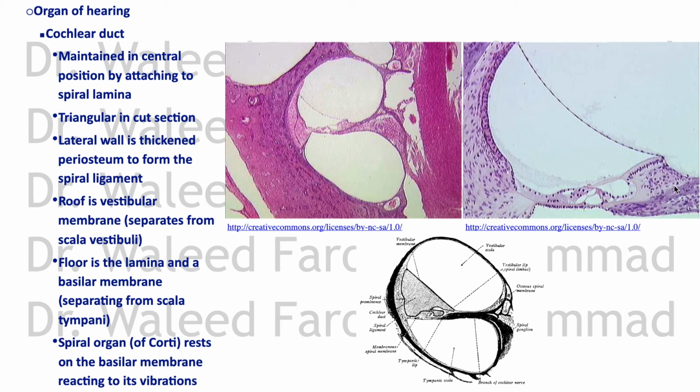The sensory cells have their cell bodies in the spiral ganglion, and then the ganglion gives rise to the cochlear nerve arising from the cochlea. Okay.